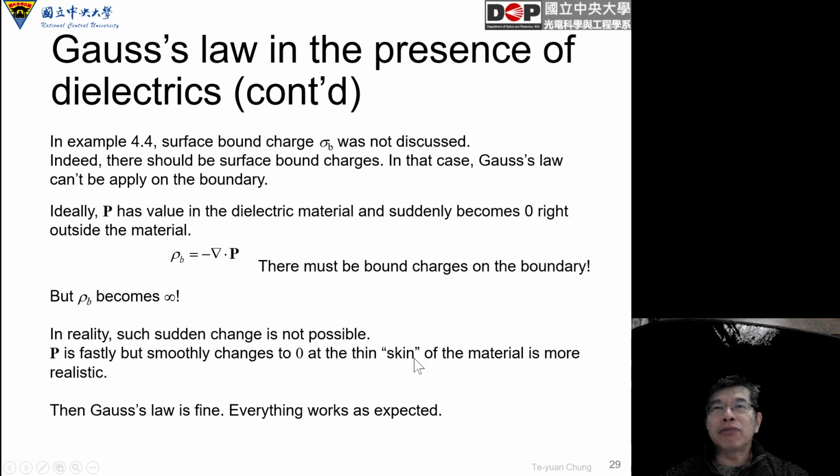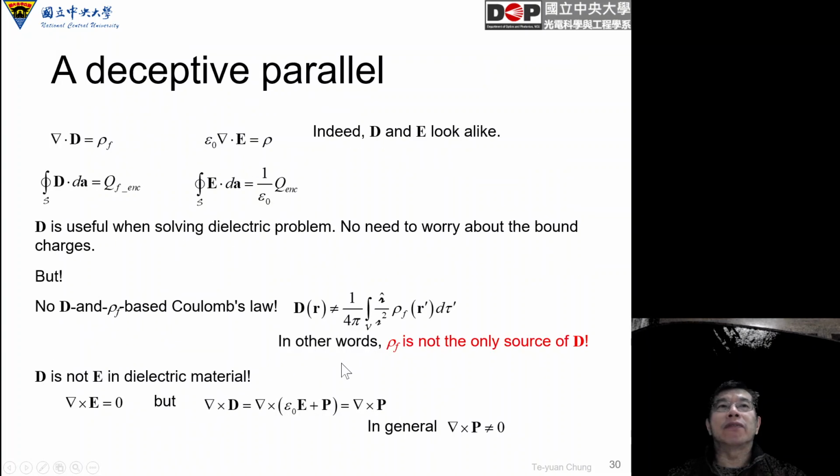This tiny region is very thin but still smooth enough to have a better behavior of the function property. So then Gauss's law is okay. Everything works as expected, just like we discussed. This is just a mathematical consideration and a reality check of what will happen. So that's just something to be aware of.